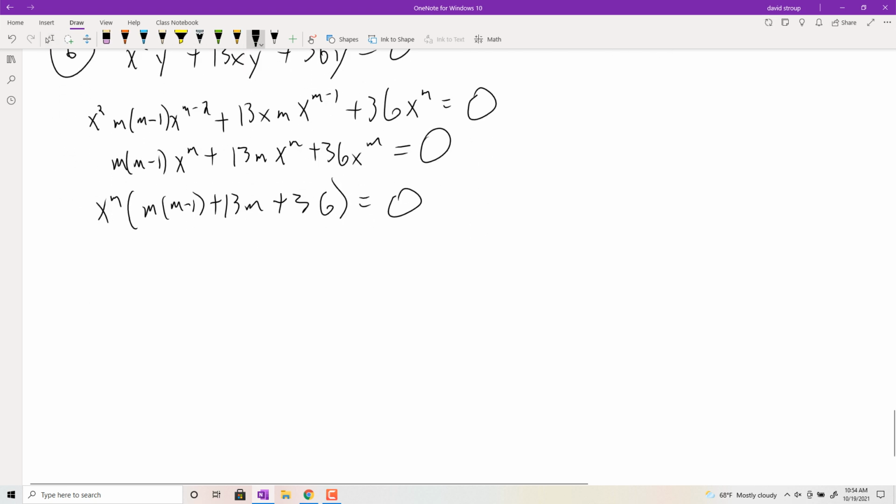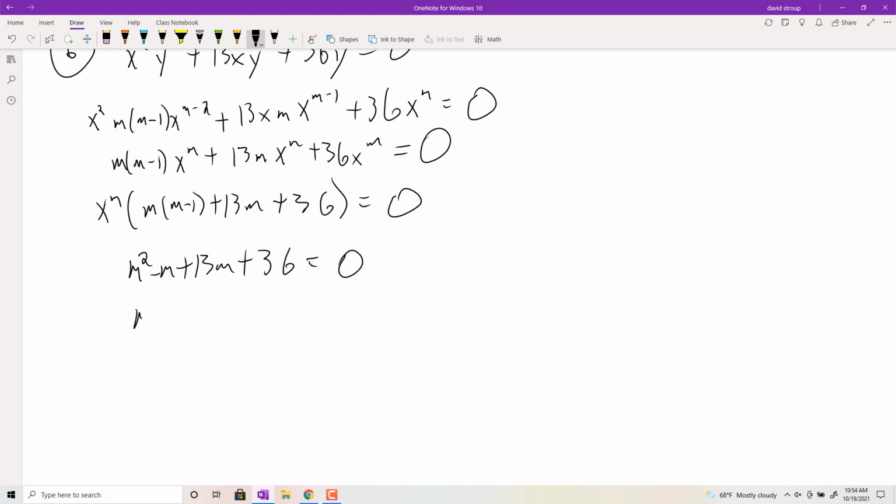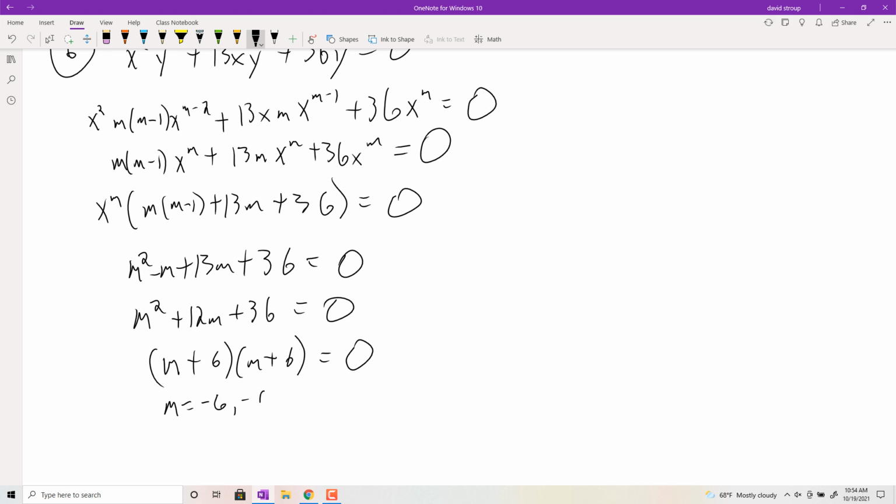Get rid of the x to the m, so then I have m squared minus m plus 13m plus 36 is 0. So I have m squared plus 12m plus 36 is 0. So you have m plus 6 times m plus 6. So 6 is repeated. So our roots, negative 6, negative 6. And our general solution, c1 x to the negative 6 plus c2 x to the negative 6, and then you just tack in an ln x. And you're good to go.